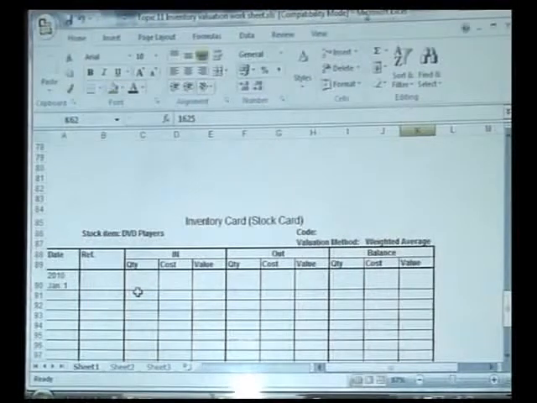Now let's look at the weighted average method.